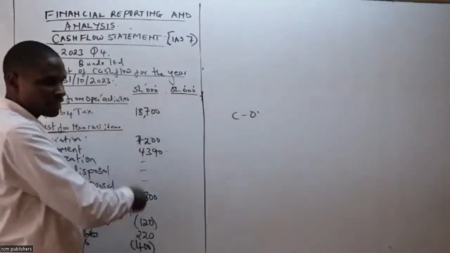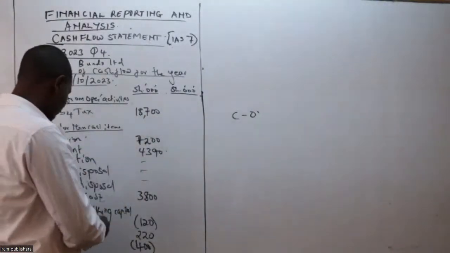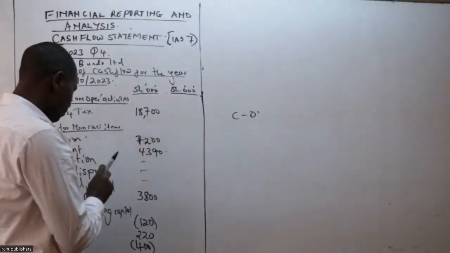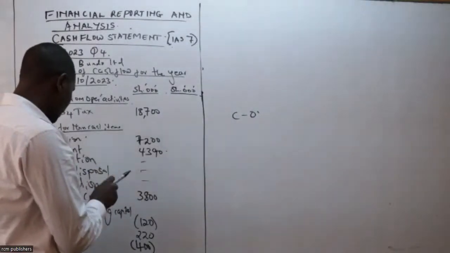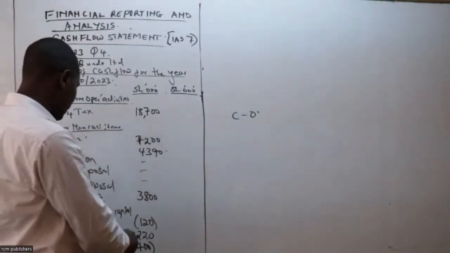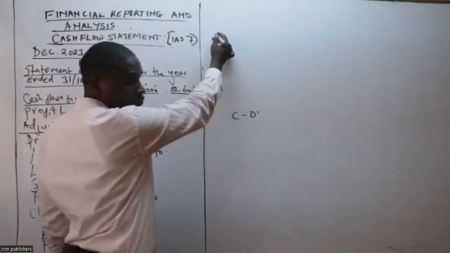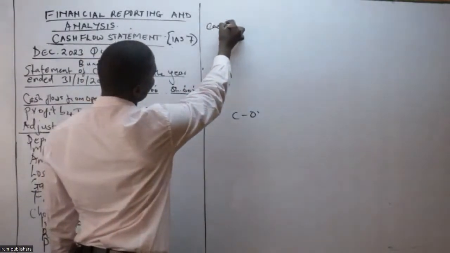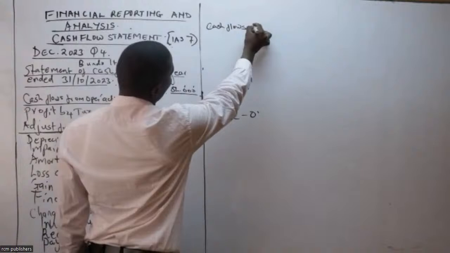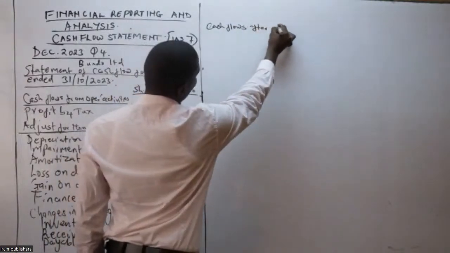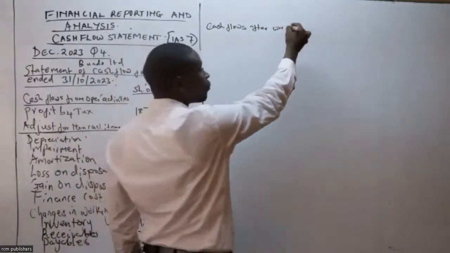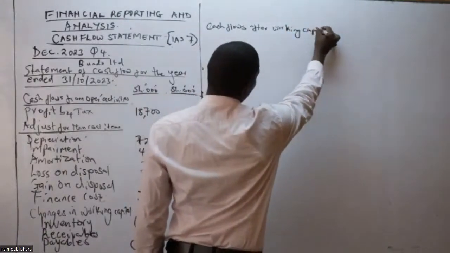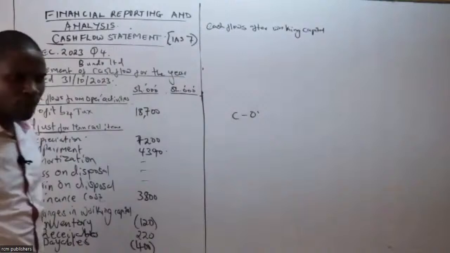Can you give me the summation of this? We get the cash flow after working capital. So you can give me the total here, the cash flow after working capital.